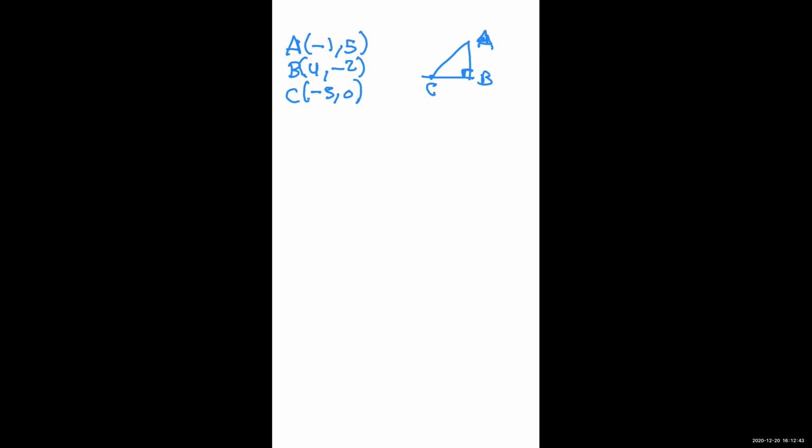Slope of AB will equal negative 2 minus 5, so negative 7, over 4 minus negative 1, which is 4 plus 1, means 5. So the slope is negative 7 over 5.